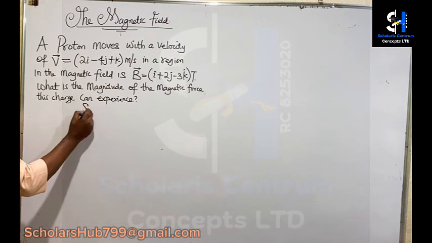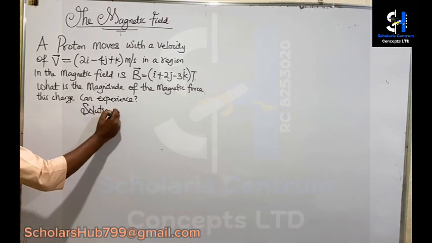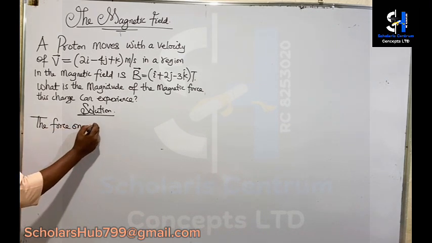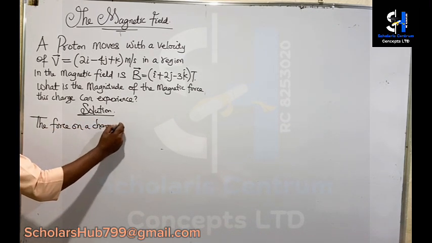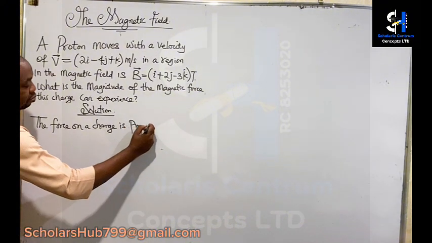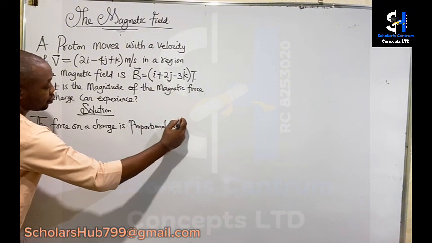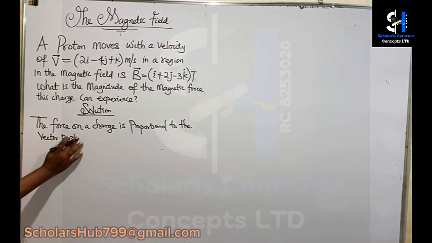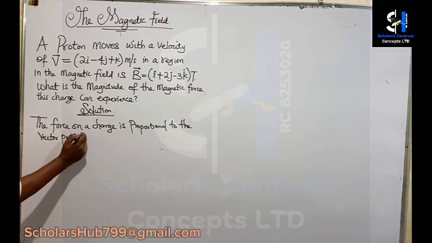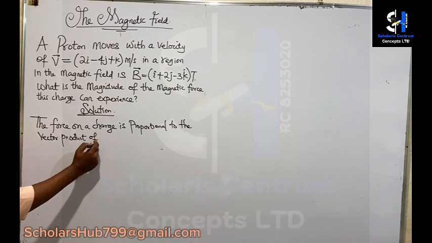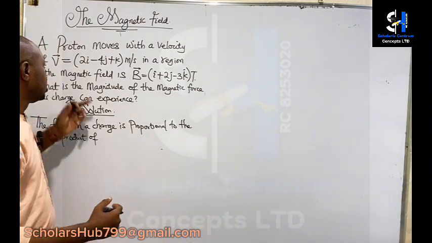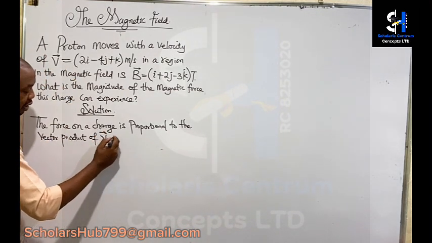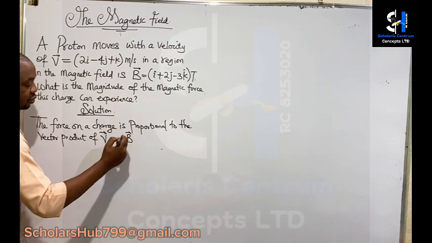It is important for us to note that the force on a charge is proportional to the vector product of the speed vector of the moving charge and the magnetic field.